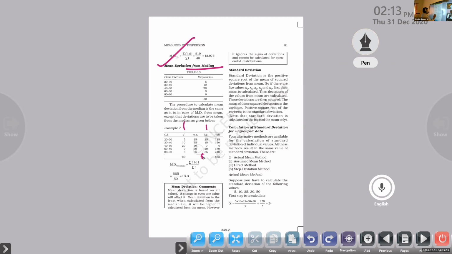And sigma FD, add all these together, we got 665, and sigma F is 50. Apply that in the equation: mean deviation for the median is sigma FD divided by sigma F, that is 665 divided by 50. The answer is 13.3. If you calculate, you get the same answer.